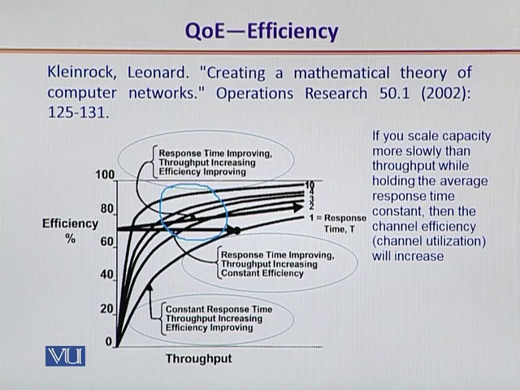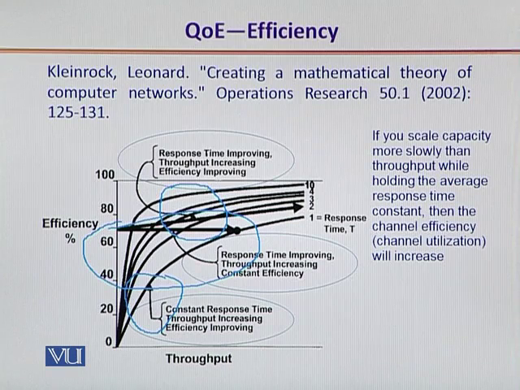But if we keep the response time constant here, we see that for a constant response time, when the throughput increases, the efficiency of course improves, reaching up to 100%. In another case, we see here that for the same efficiency, if the response time improves, the throughput also increases.